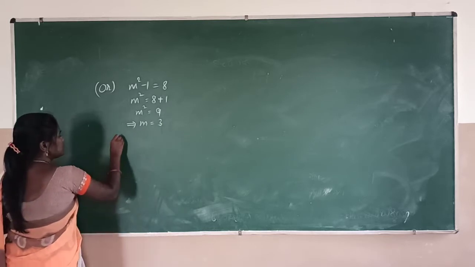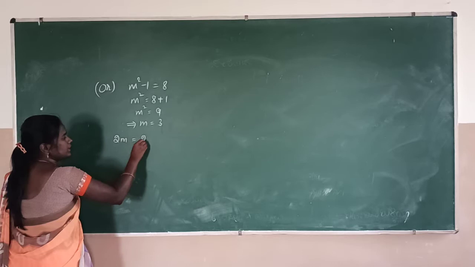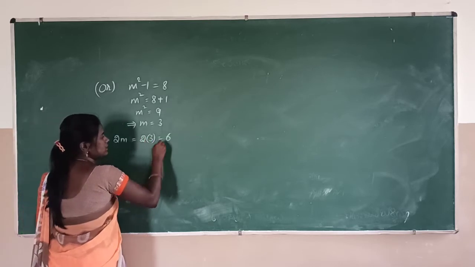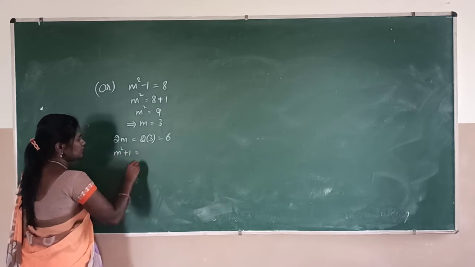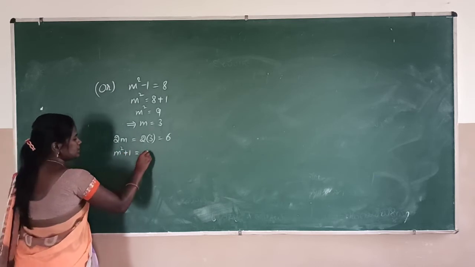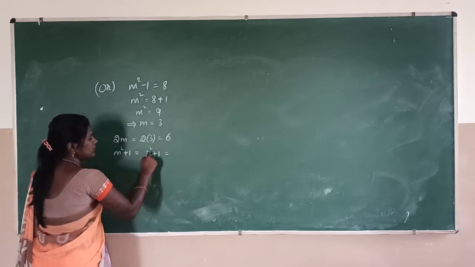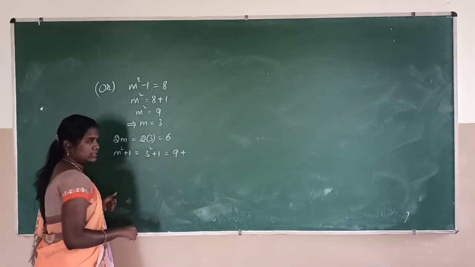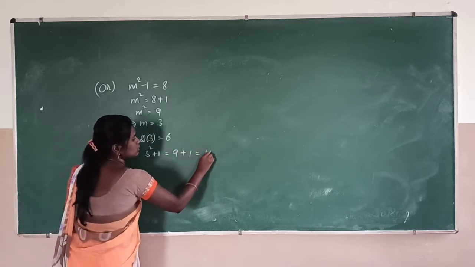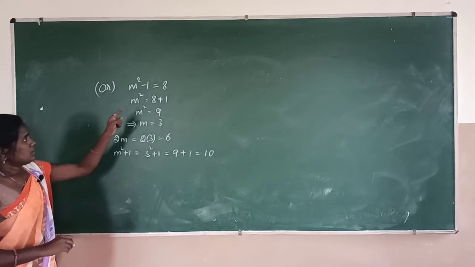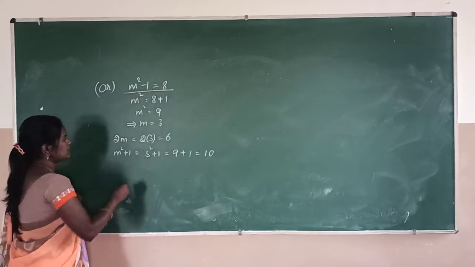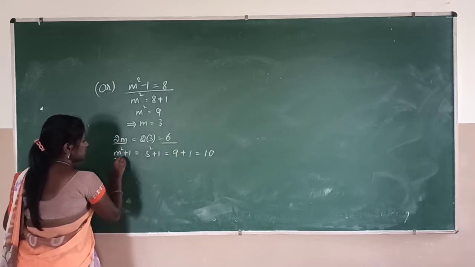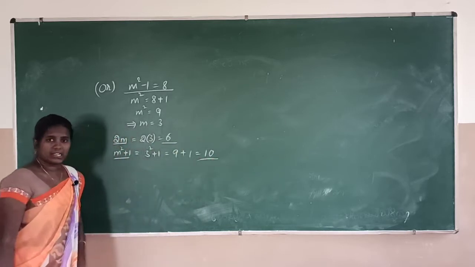When m is equals to 3, then what is 2m? It is 2 into 3, that is 6. Then what about m square plus 1? m square, it is 3 square plus 1. 3 square, of course, it is 9 plus 1, that is equals to 10. So, you got m square minus 1 as 8, 2m as 6, m square plus 1 as 10.